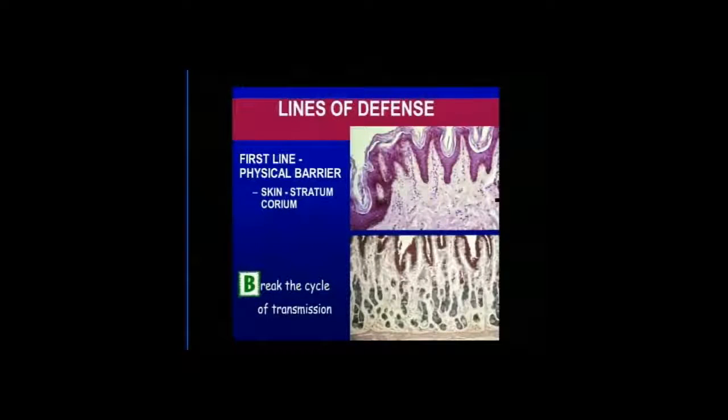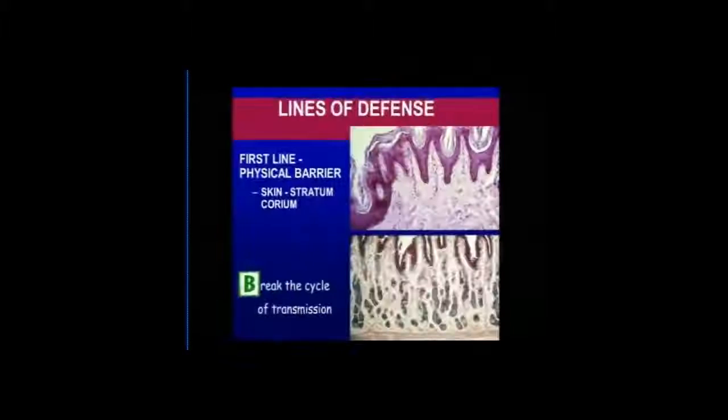So the skin is the first line of defense. That's breaking the cycle of transmission. Bacteria don't come in as readily if you have skin. Think about a burn victim who has lost their skin, and how prone they are to infection. You can see that they have to live in a semi-sterile environment because they don't have the first line of defense.